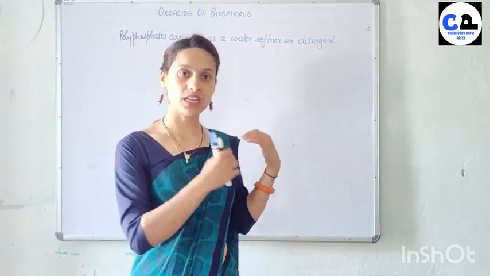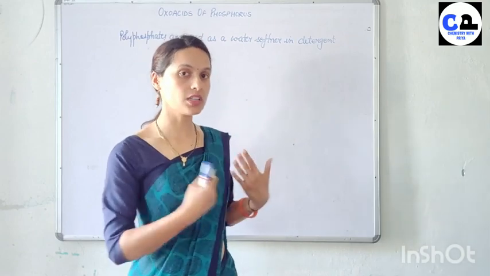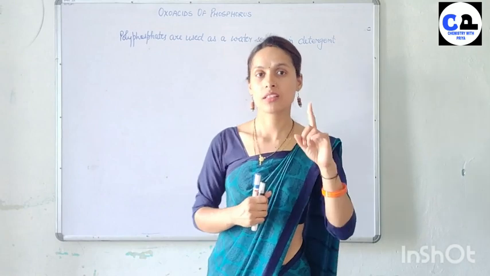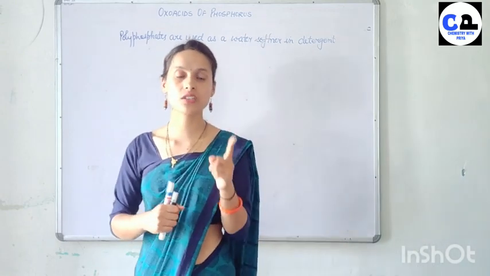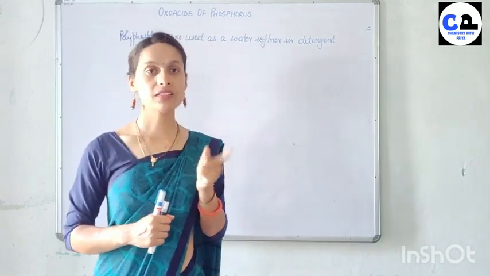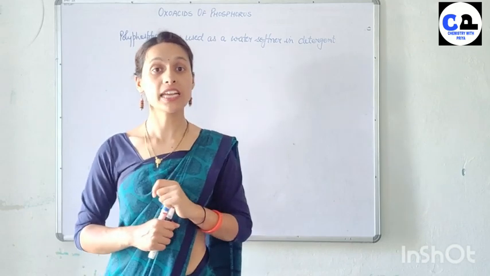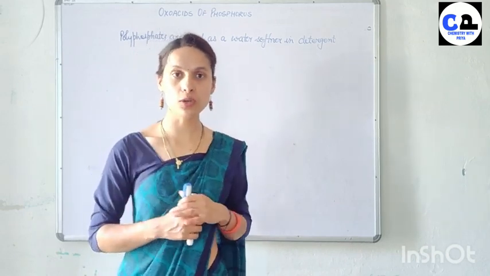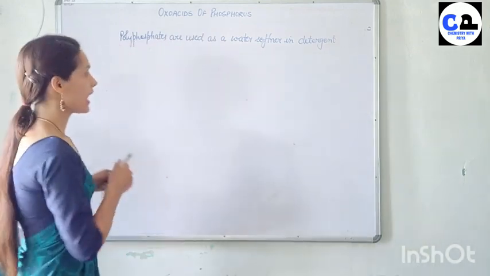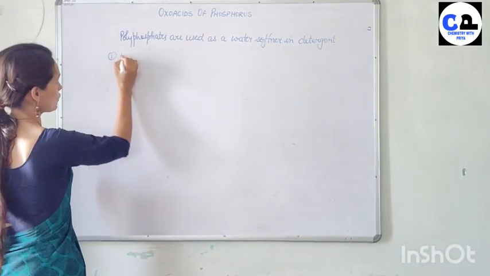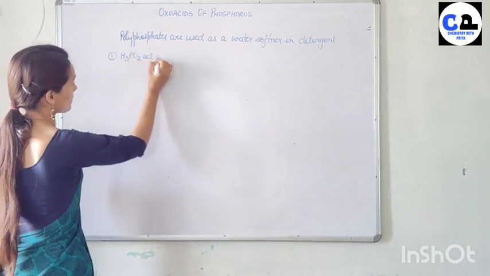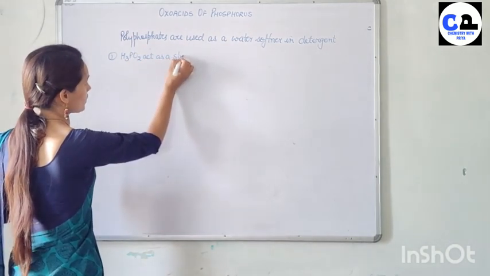If you study all the structures of the oxoacids of phosphorus, the very first structure, H3PO2, which is known as hypophosphorous acid, contains 2 P-H groups. So H3PO2 acts as a strong reducing agent. Why?